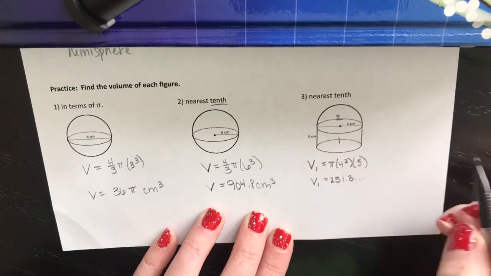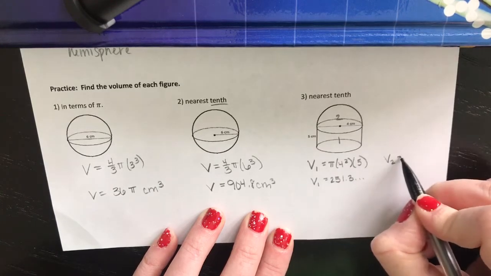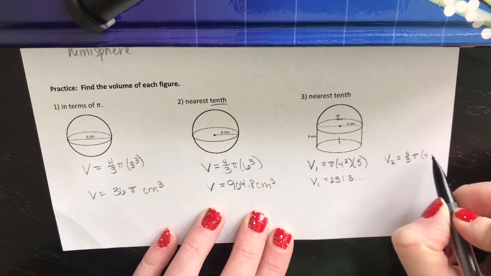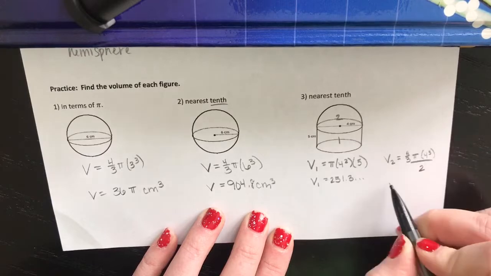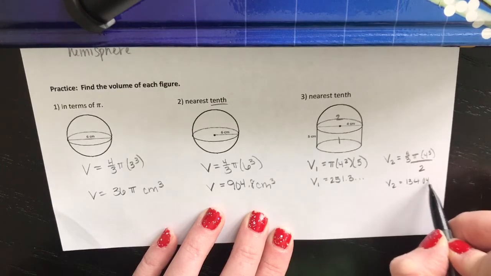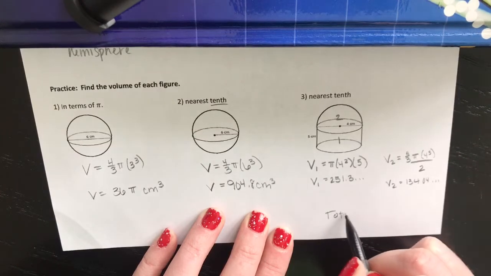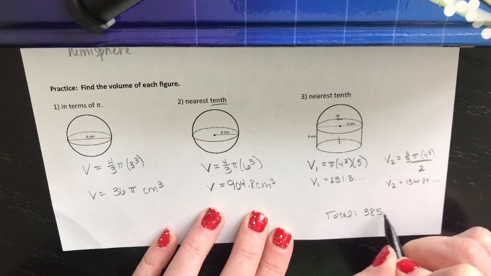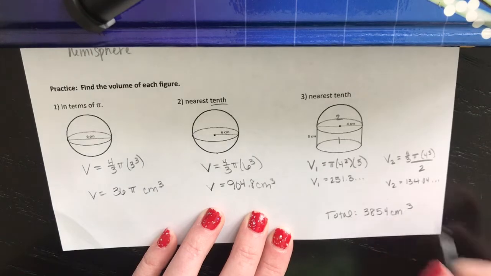It's a decimal. And then if we do the hemisphere, it would be 4/3 pi 4 cubed divided by 2, and that's going to be about 134.04. In total, rounded to the nearest tenth, 385.4 centimeters cubed.